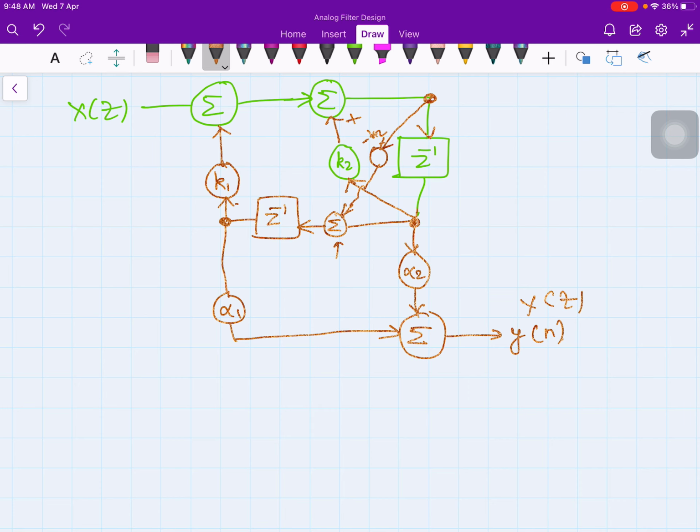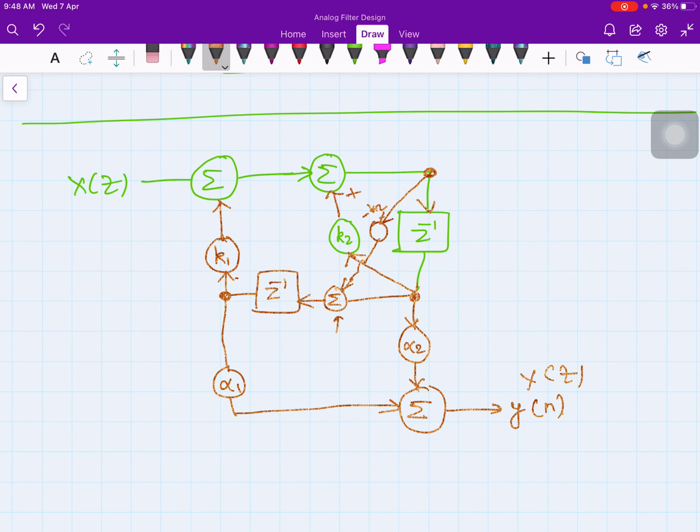Okay, you must show the arrows. I mean, you must show the signal flow, even if it is redundant, even if it is obvious.